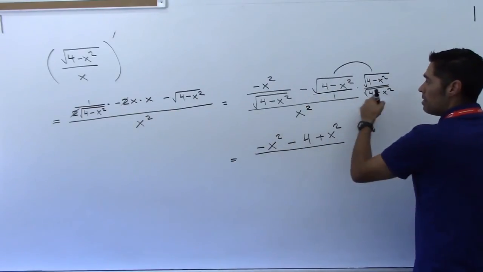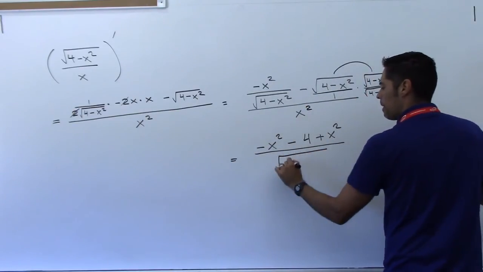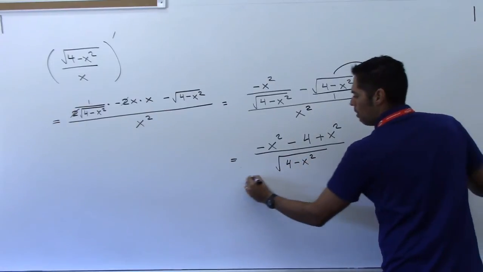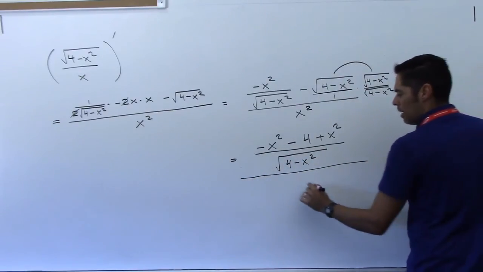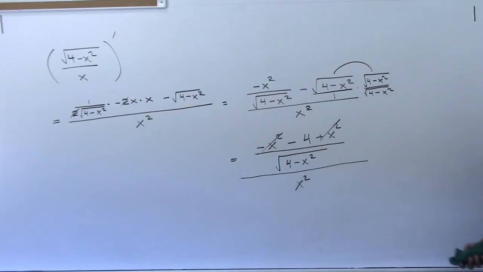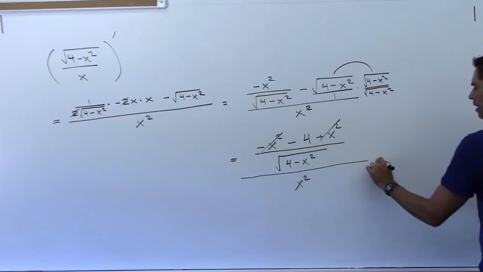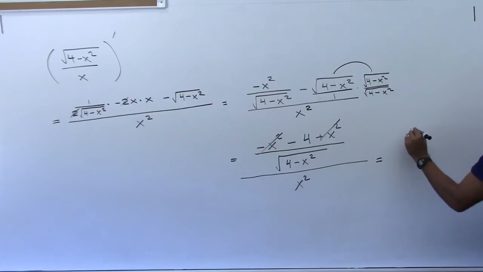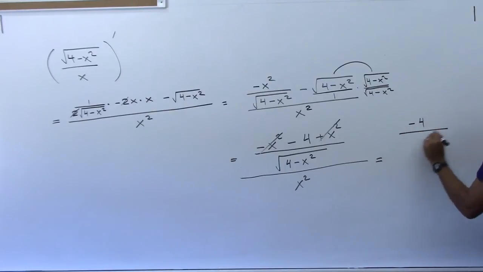All over the common denominator, which is this. All over what? X squared. These x squareds cancel, right? Or they add and they're gone. So then I have negative 4 over square root 4 minus x squared, all over still what?